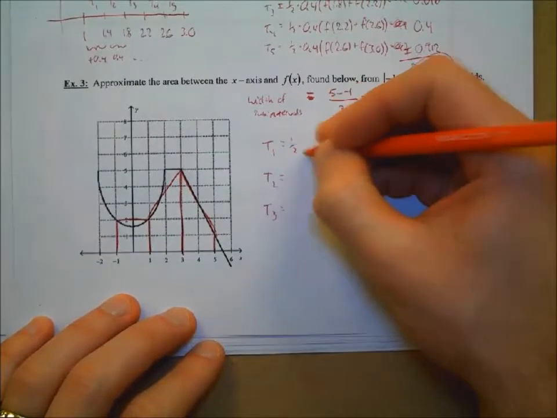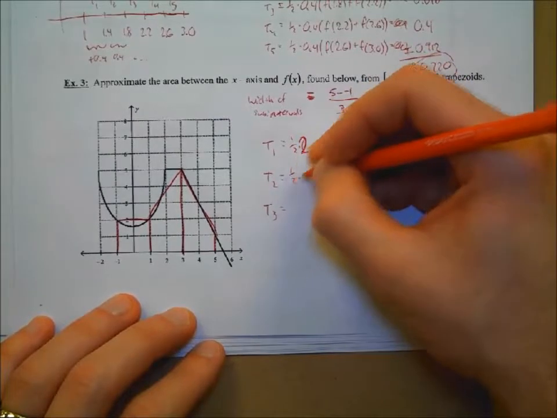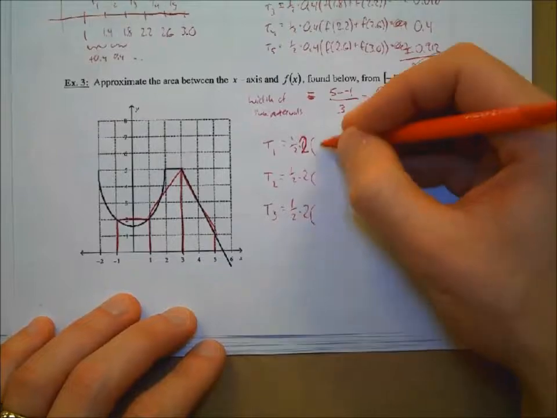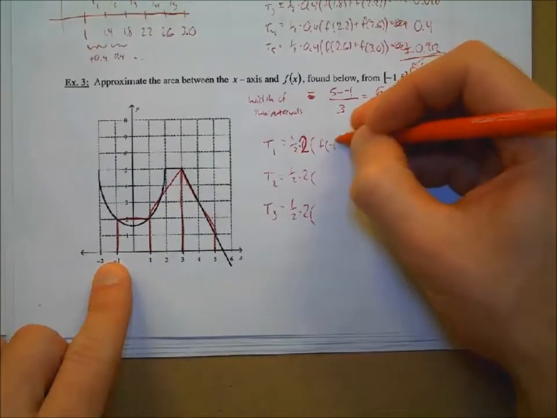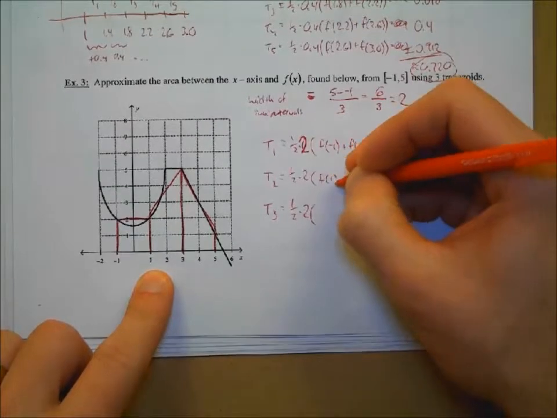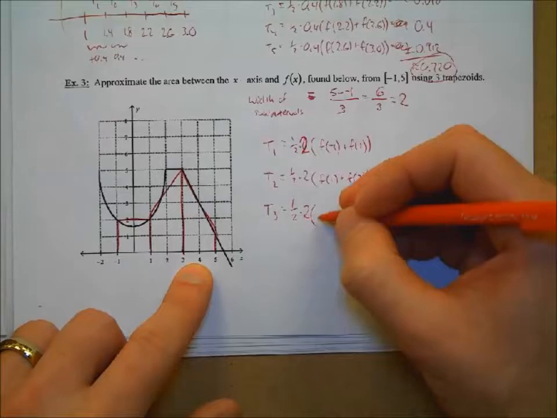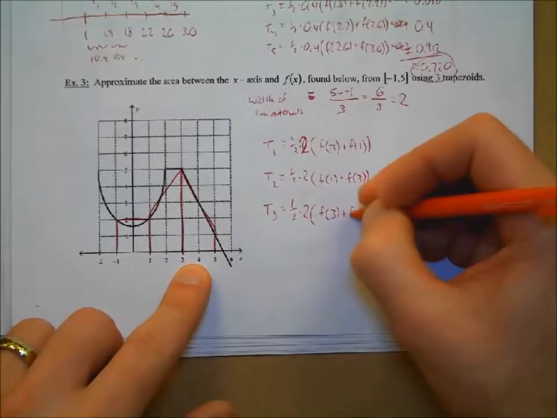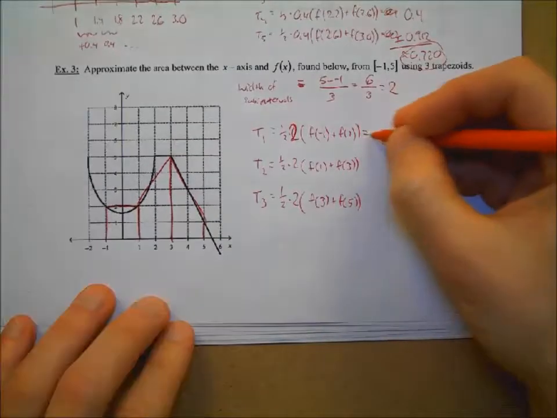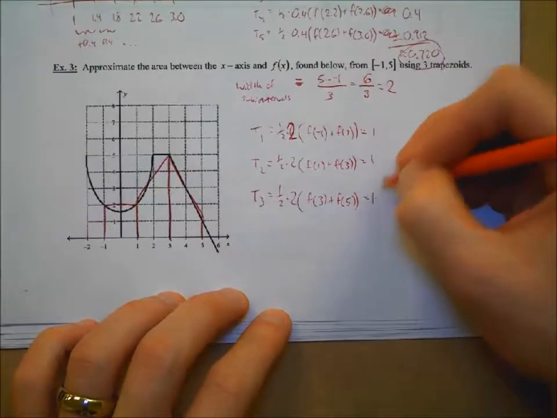1/2 times 2, 1/2 times 2, 1/2 times 2 for all of those. That's going to be f of -1 plus f of 1, f of 1 plus f of 3, and then f of 3 plus f of 5. So 1/2 times 2 is just going to be 1.